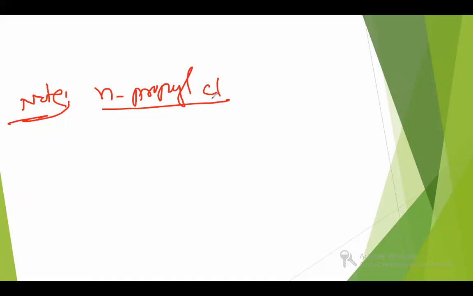From CH3, CH2, CH2 Cl, the chloride is removed, giving CH2 plus. This forms a primary carbocation.